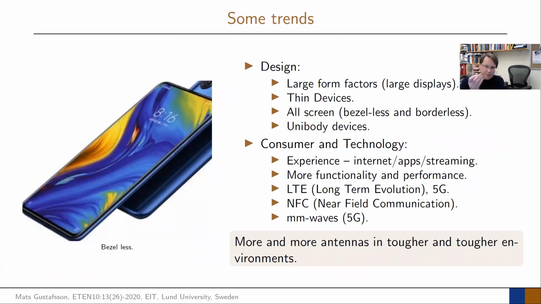So if we see the trends that really are pushing a lot of it is very, very large screens. So when you do this kind of phones and you want to sell them today, you have these phones which basically have no space left for the antenna. So you don't have these bezels that sit around, where you left a little bit of side, for example, on the top and bottom.